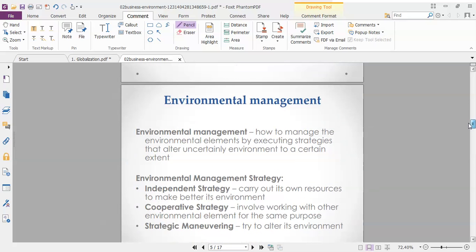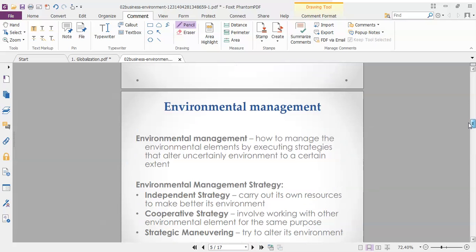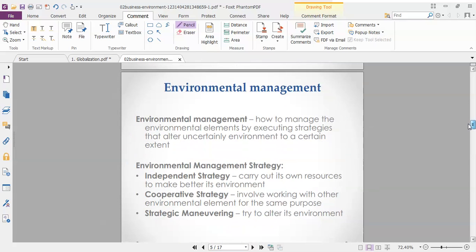So let's look at the environmental management. How do you want to manage the environment? How do you want to manage the stakeholders, the customers, the government? How to manage the environmental elements that we mentioned before, by executing strategies that alter the uncertain environment to a certain extent.